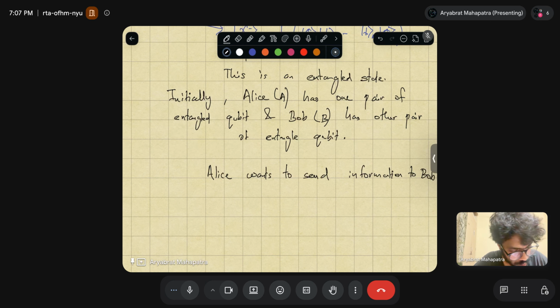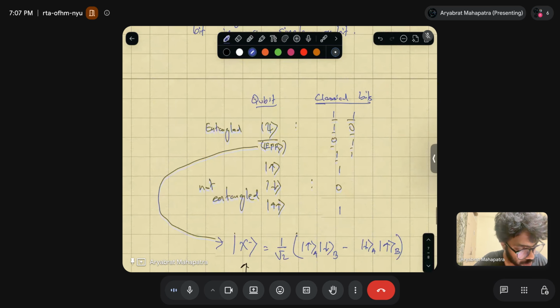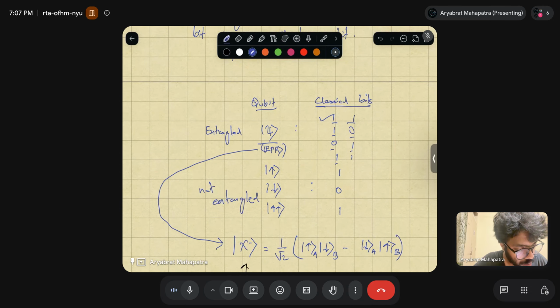First, Alice wants to send this classical information. Since she has entangled qubits, she can send 11, 10, 01 or 11 rather than just 1 or 0.